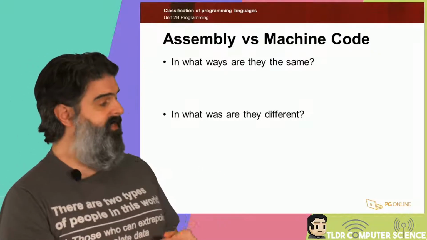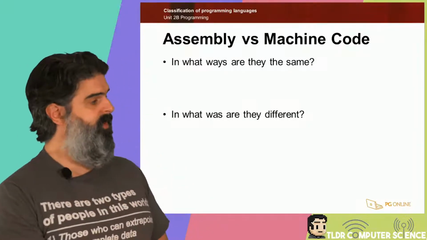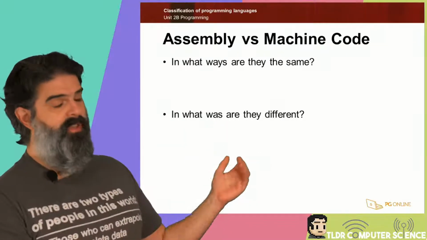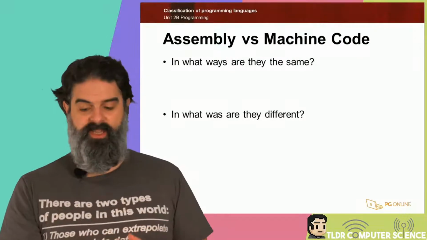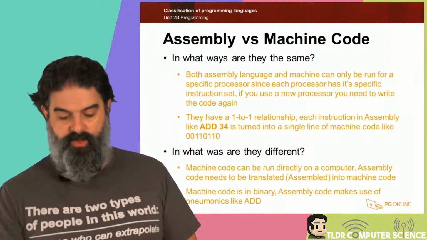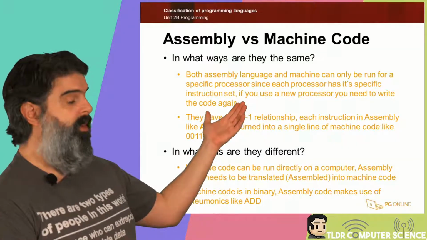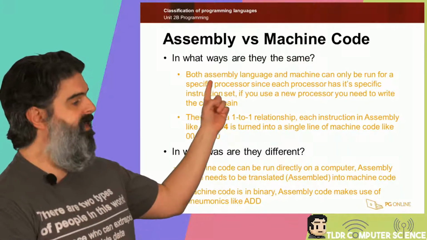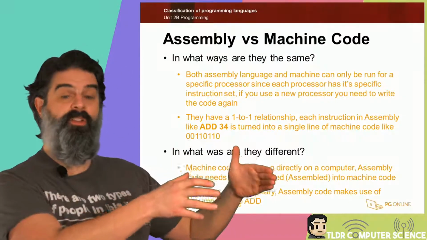Some of the ways that they're different: machine code is only in ones and zeros, while with assembly, you make use of mnemonics and symbolic addressing to represent it. There's a bunch of other ones as well. Both can only be run on a specific architecture, so a particular chip.